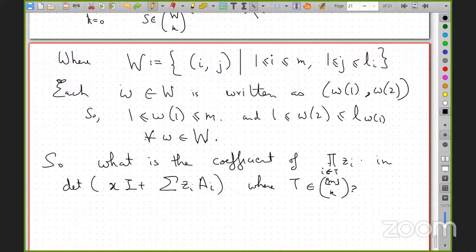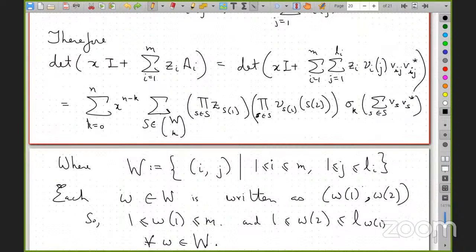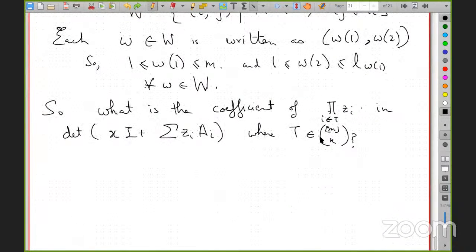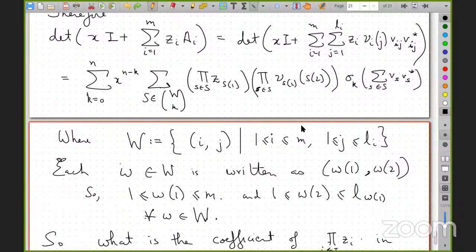Can you read it off from this expression? So which sets S can give rise to such a coefficient? That's the question.